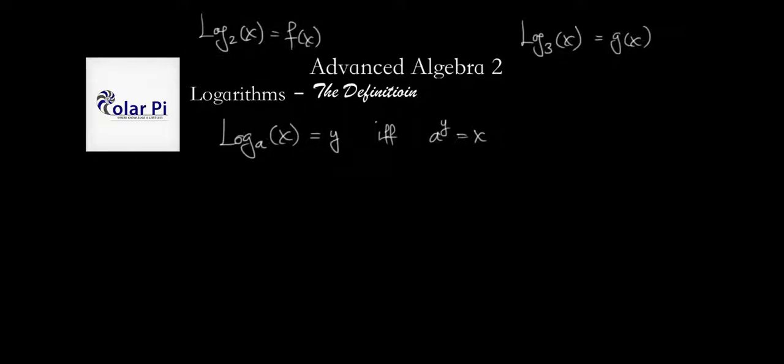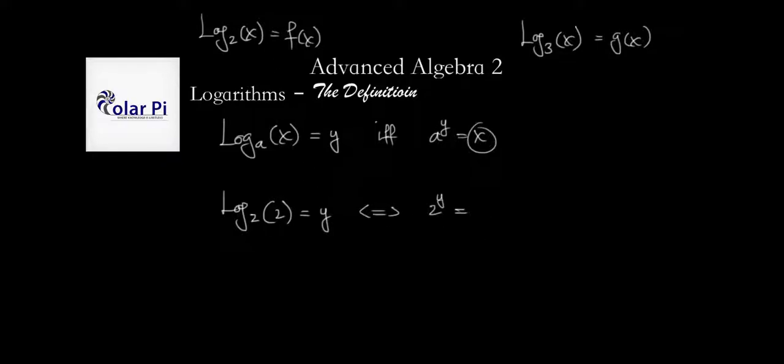Say we're talking about the function log base 2 of x and evaluate it at a few values. One is, let's say, log base 2 of 2. What is that? Well, we know an interpretation now. So log base 2 of 2 is equal to y if and only if 2, which is a, to the y is equal to x, right there.